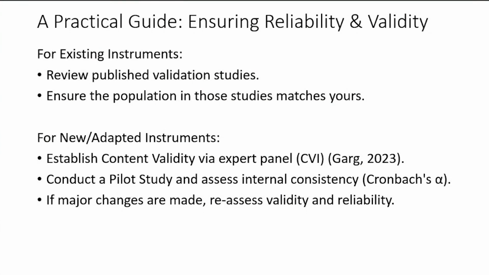The Cronbach's alpha for reliability should be at least 0.70 or higher. Then if you want to also review how valid it is, maybe the content validity should be at least 0.80 or higher. You understand?